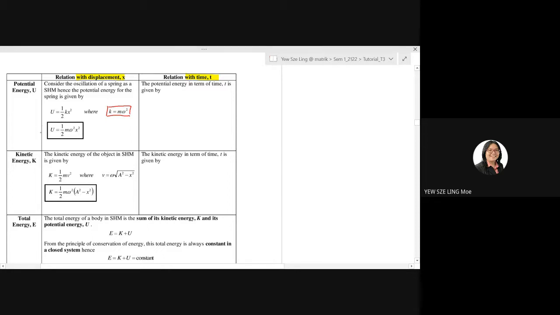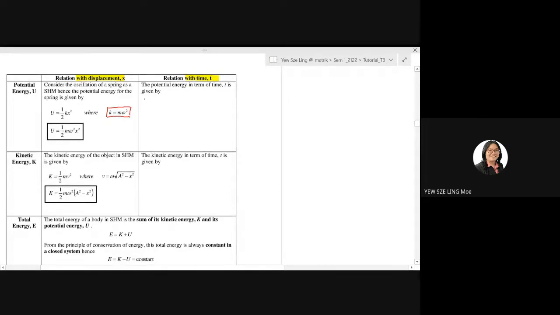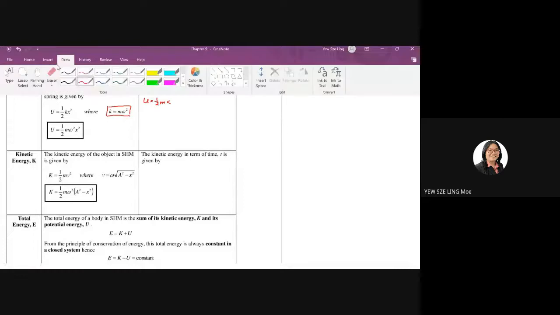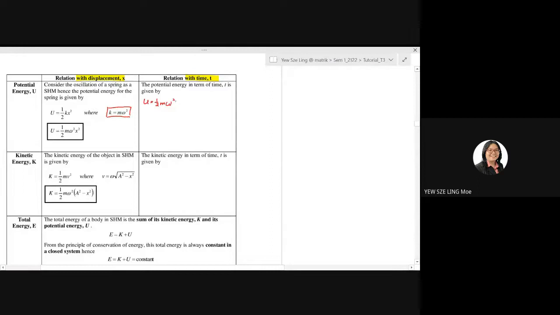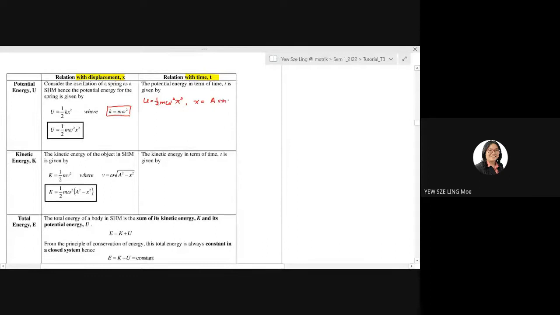So you try to look at these equations. U equals 1 over 2 m omega square x square. Which part can be transformed into an equation with t? Obviously, it's the x. So we have U equals 1 over 2 m omega square x square, and then we know x equals a sine omega t. So this is a general equation.